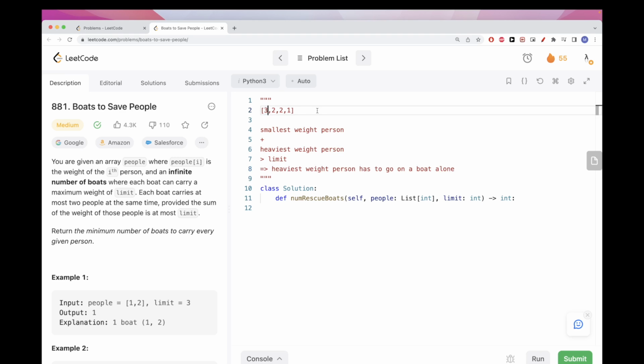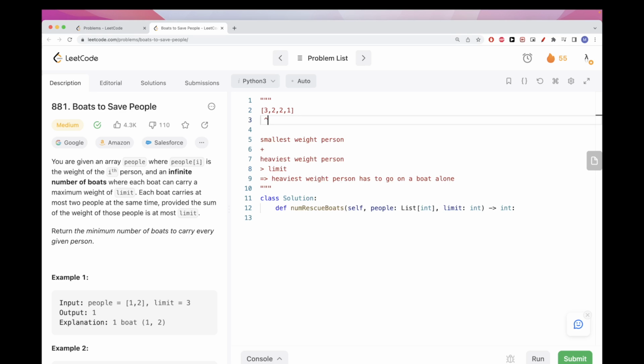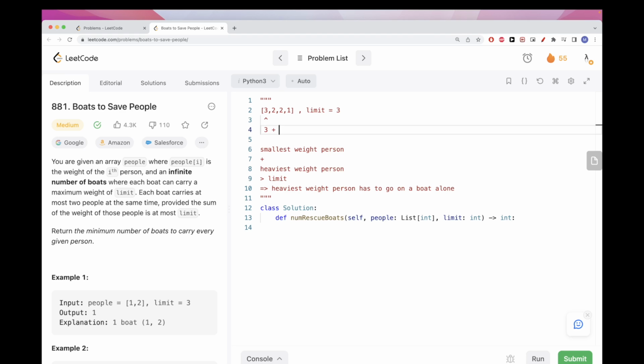That applies actually to 3, so our limit is 3. Because 3 plus 1, where 1 is the smallest weight, is equal to 4, which is bigger than limit. That means if you take bigger values than 1, the sum would still be bigger than limit, and so that means this 3 here has to go alone.